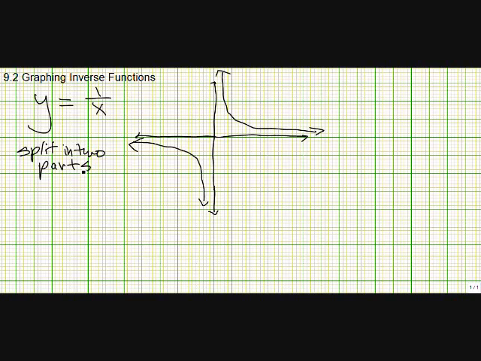Now, why do they get split? Well, there's a big old hole kind of in this graph. When x equals 0, y equals 1 divided by 0, and that's undefined.